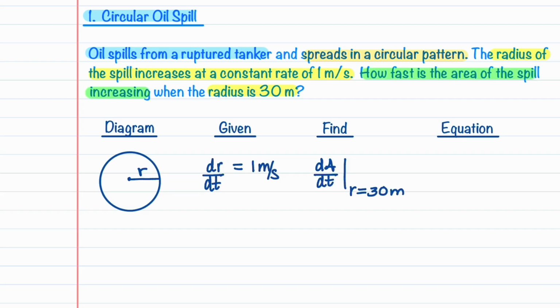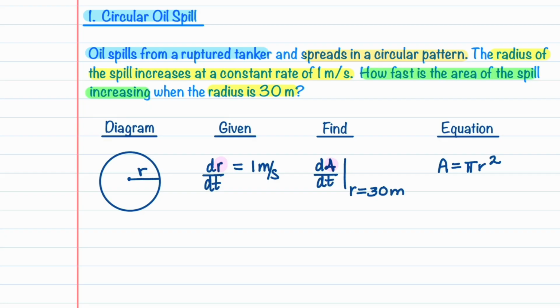We want to find an equation that relates what we're given, such as the rate of change of the radius, to what we want to find, the rate of change of the area. So we need to think what formula that involves a circle has area and radius in it. And that formula is A is equal to pi r squared.